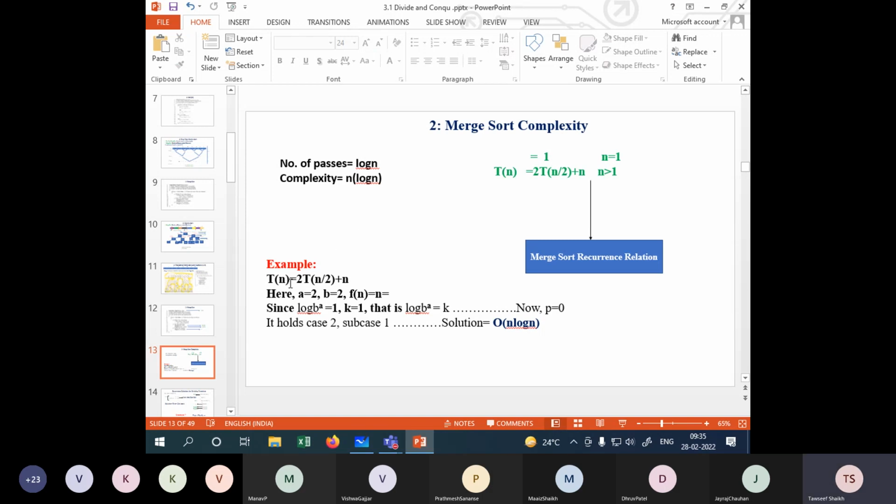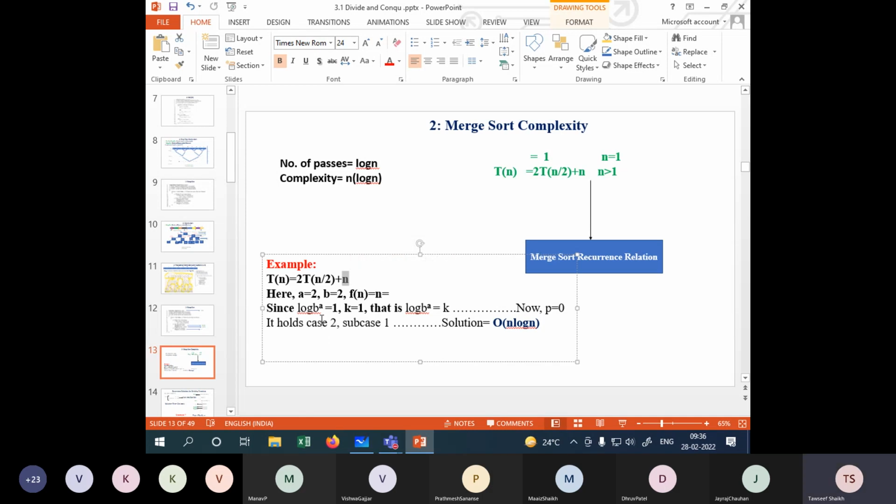The recurrence is T(n) = 2T(n/2) + n. Now we use the master's method. a is equal to 2, b is equal to 2, and the function is n, whatever is on the right-hand side, that is f(n).